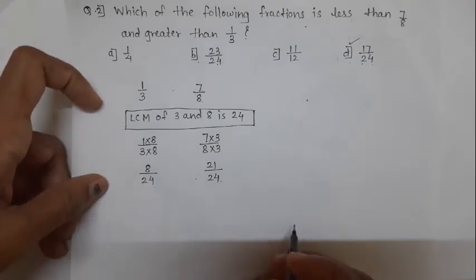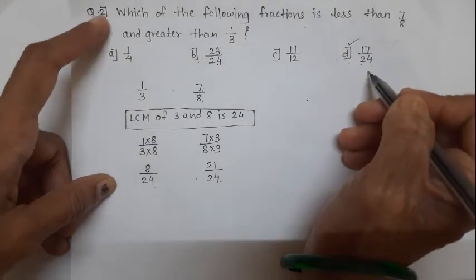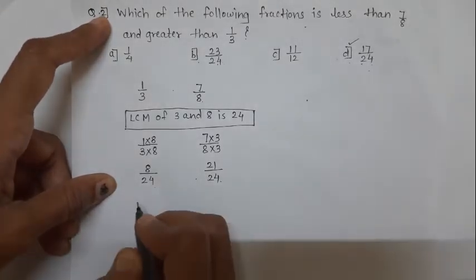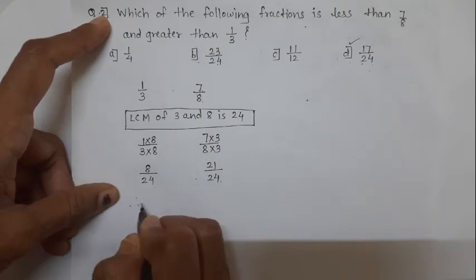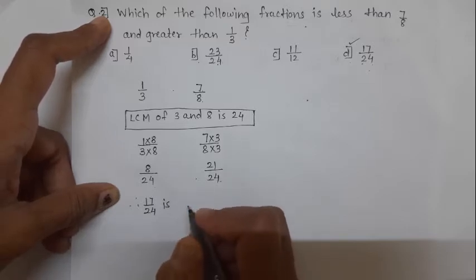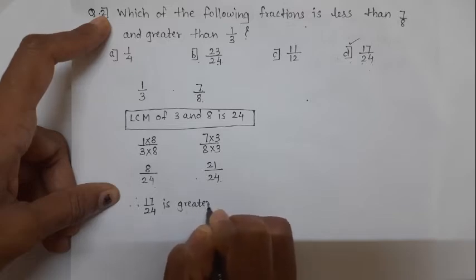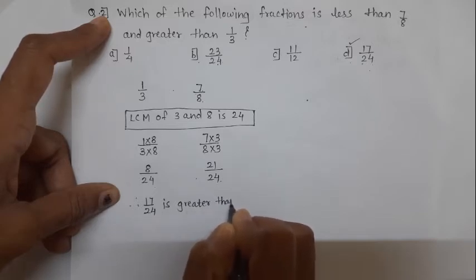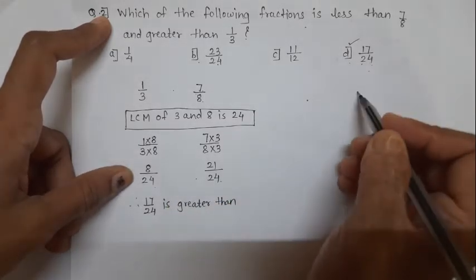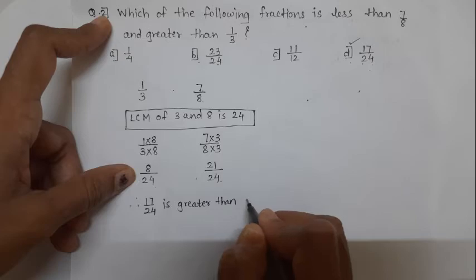Okay, so what you will write now: therefore 17 upon 24 is greater than 8 upon 24.